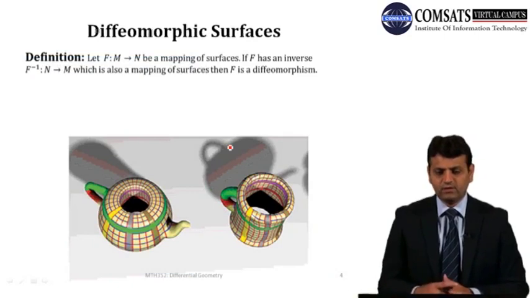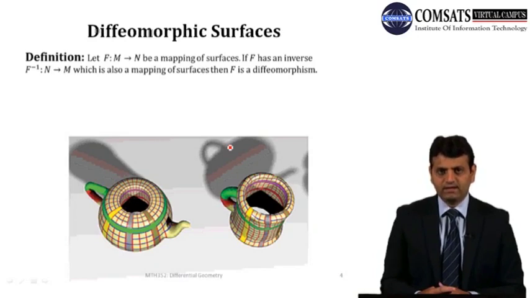So let's recall what are diffeomorphic surfaces. Two surfaces are diffeomorphic if there exists a diffeomorphism between them, or in other words there is a mapping that has an inverse mapping. So there exists inverse of the function which is also a mapping, or in other words the f inverse is also differentiable. और इस केस में हमने देखा था कि in differential geometry this is a kind of equality between the two surfaces.